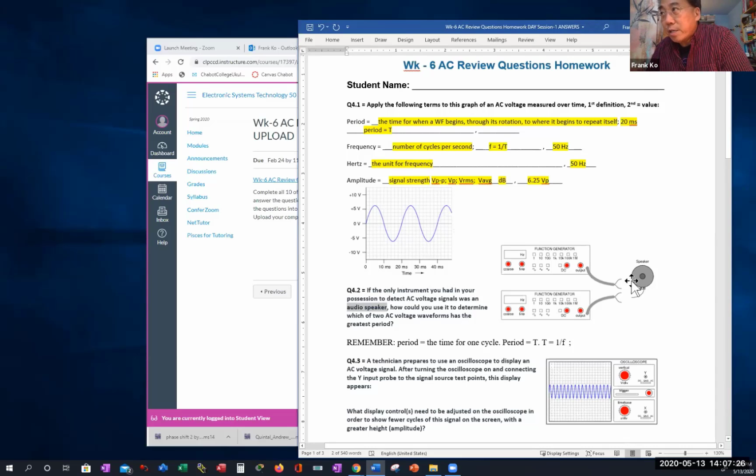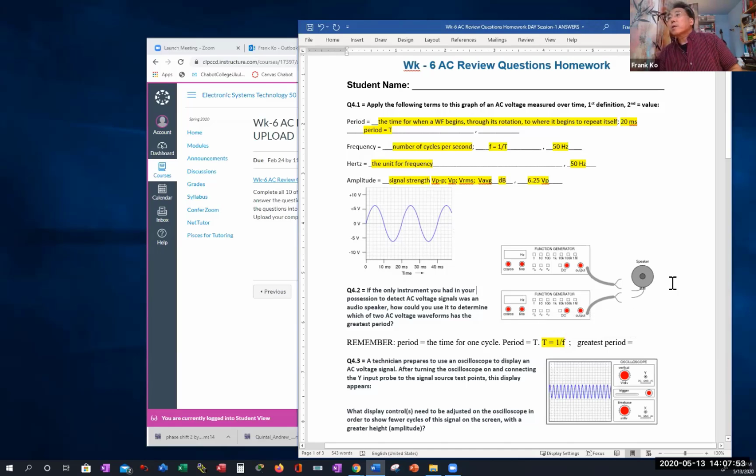What do we expect to hear from here if we want an audio speaker to determine the greatest period? So right here, you would write greatest period equals, and look at this carefully. What is the relationship between period and frequency?